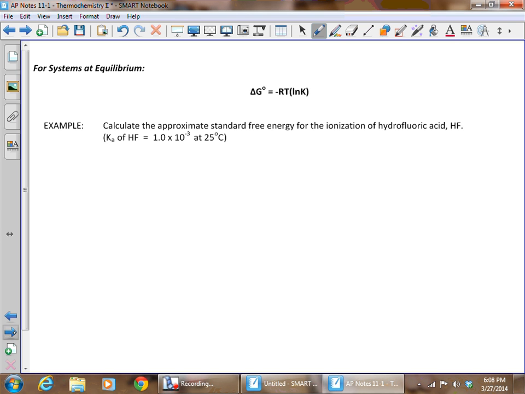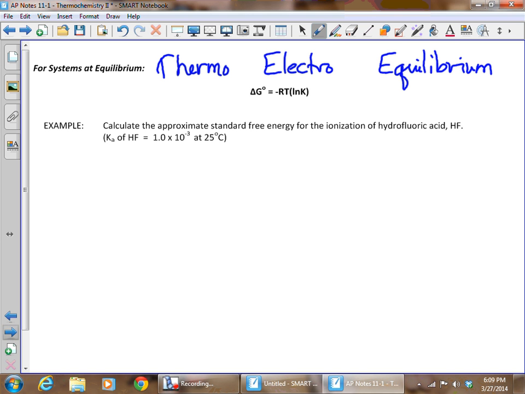We call this one of the meaning of life equations because in chemistry we have some major areas. We have thermochemistry, we have electrochemistry, we have equilibrium, and there are a series of equations that relate those three areas of chemistry together. This is one of those equations. It relates thermochemistry, our delta G value, with equilibrium, our K value.